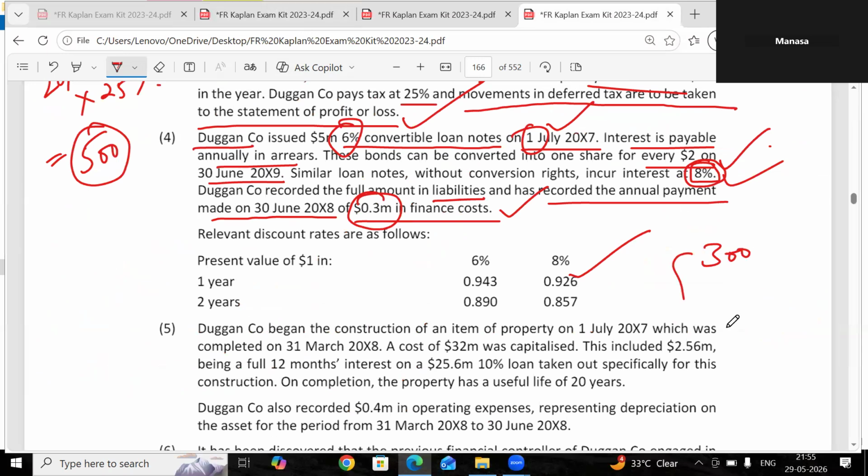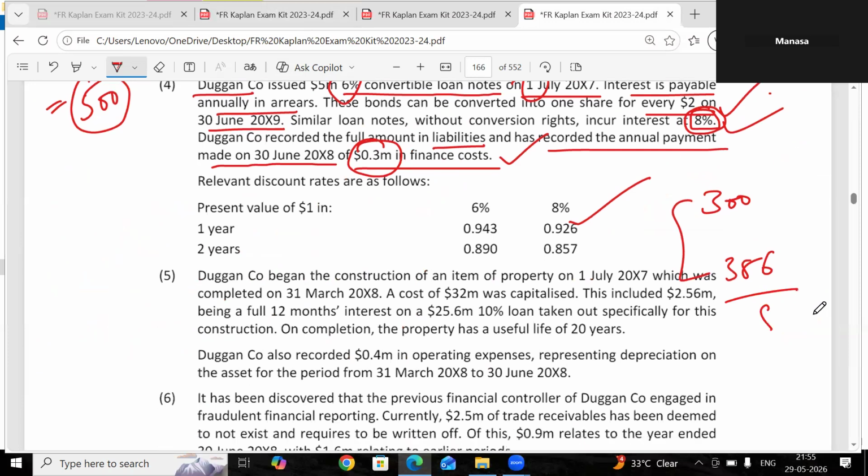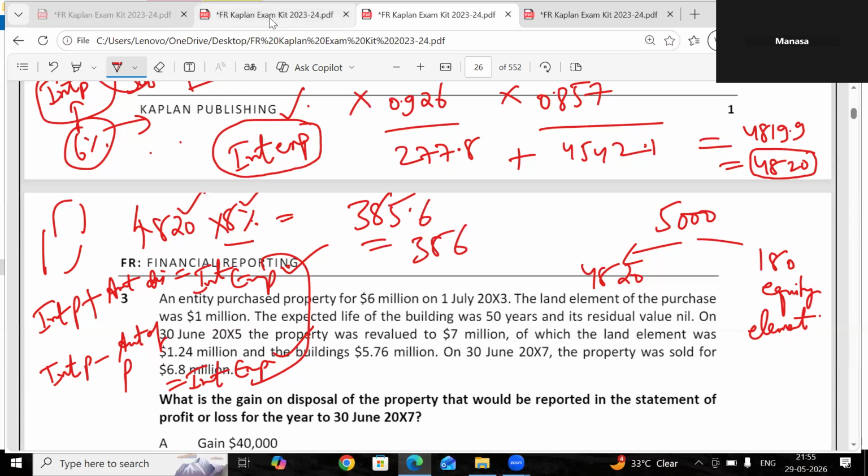How much extra do you need to record now? 86. That's what. This is your finance cost. So just have a look through this, Mansa. I'll move forward fast. Okay, sir, I've written it down.